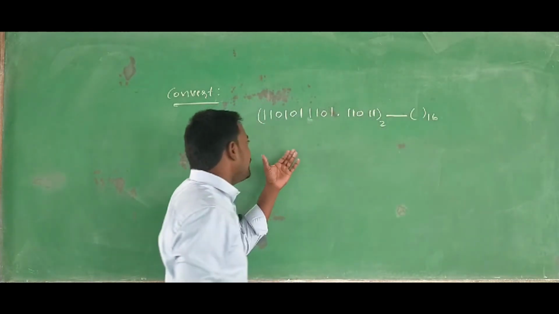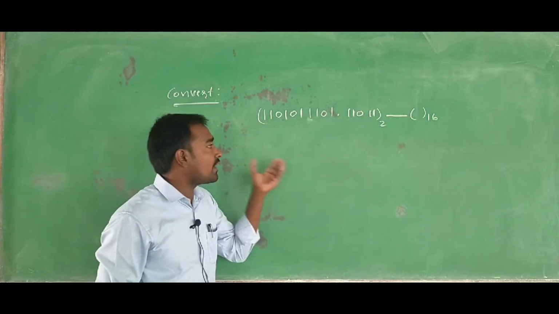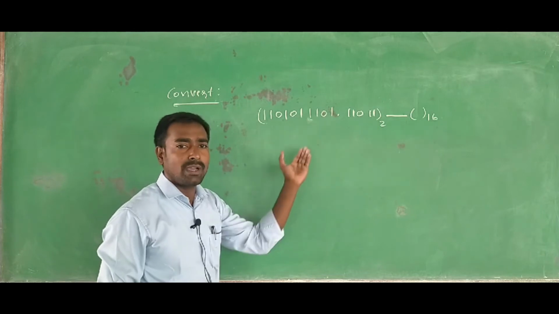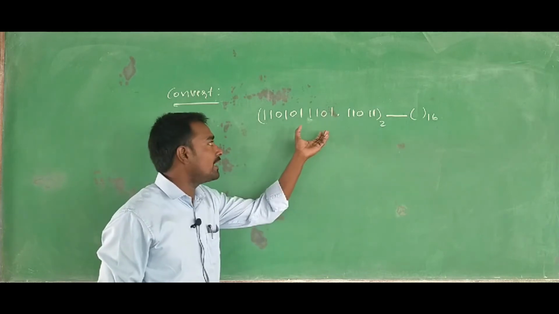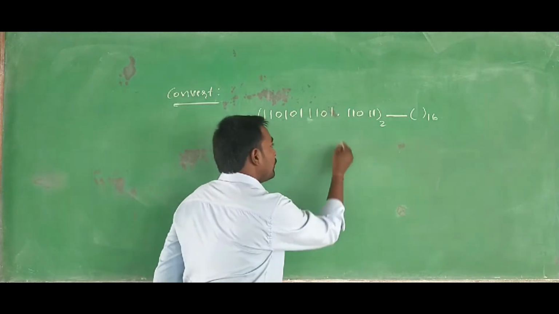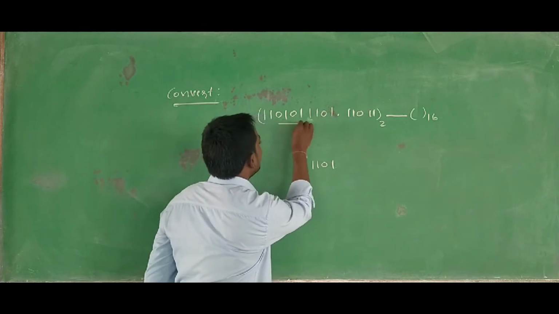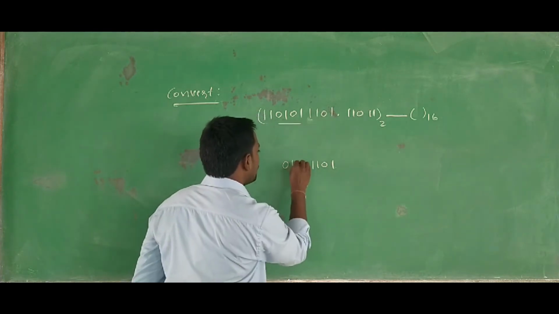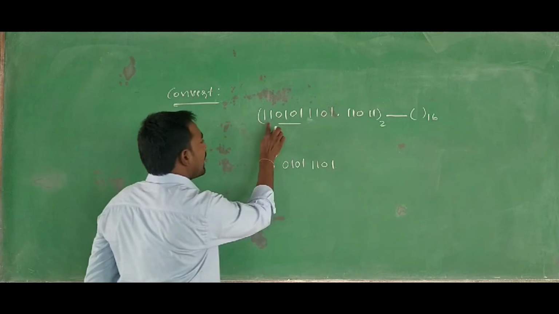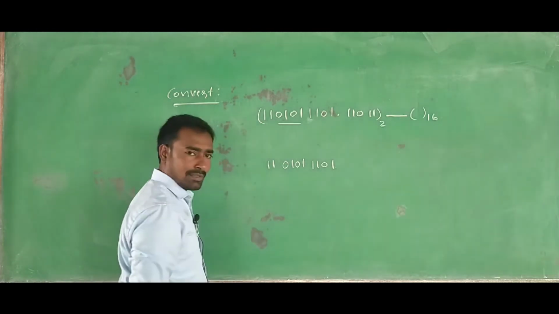When we are converting a binary number into a hexadecimal number, we have to take 4 equivalent binary digits. Before the fraction point, I am taking 1101 and 0101, and we have the 2 values 11.